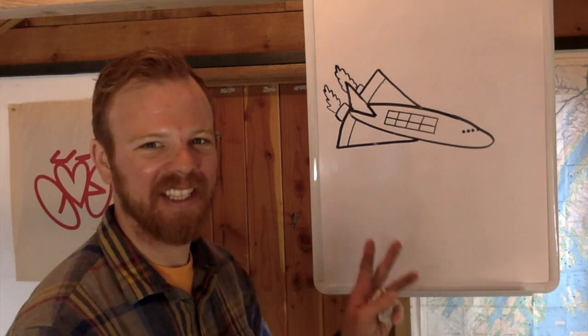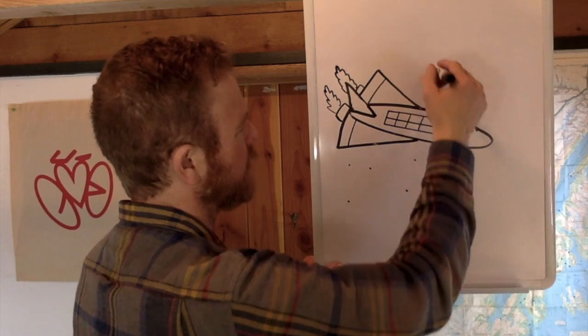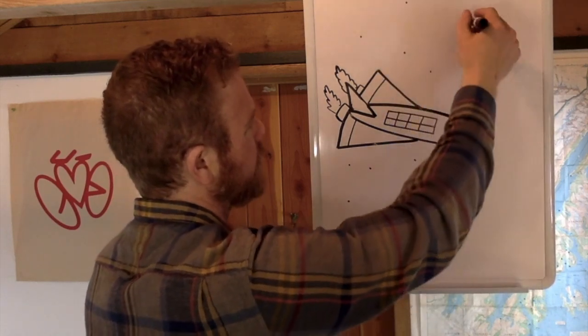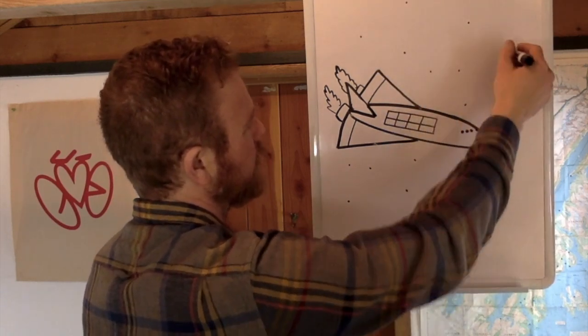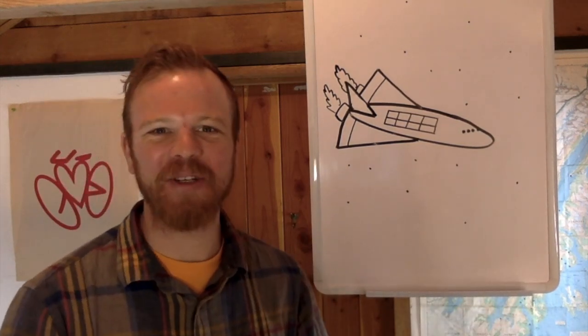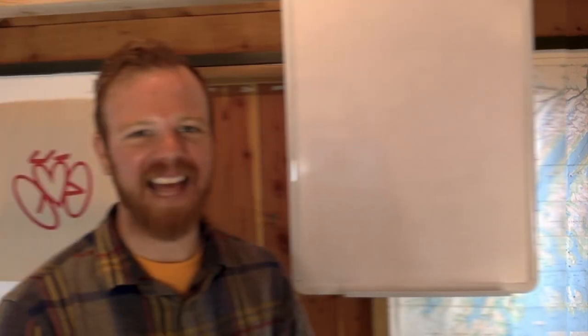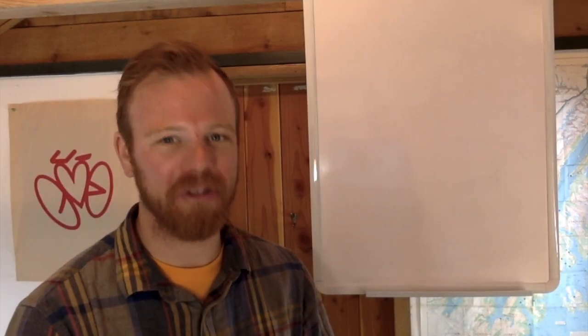And we can also put this in outer space if we draw some stars. That looks great. Let's do one more drawing before we leave for today. Our last drawing for the day is going to be the trickiest.